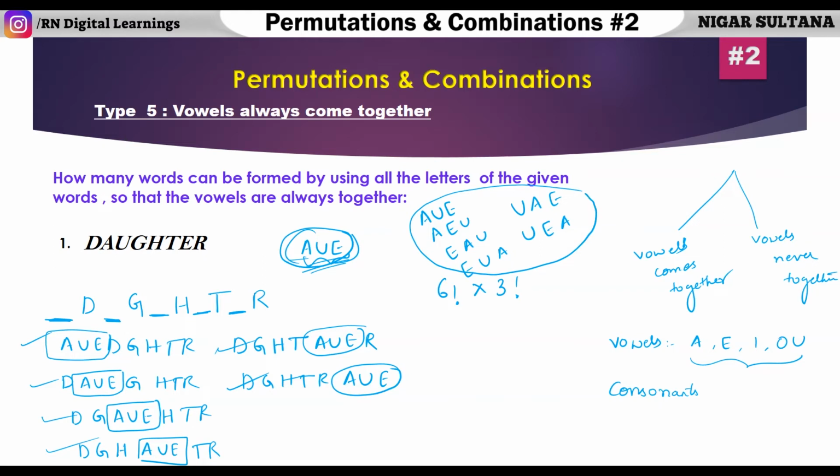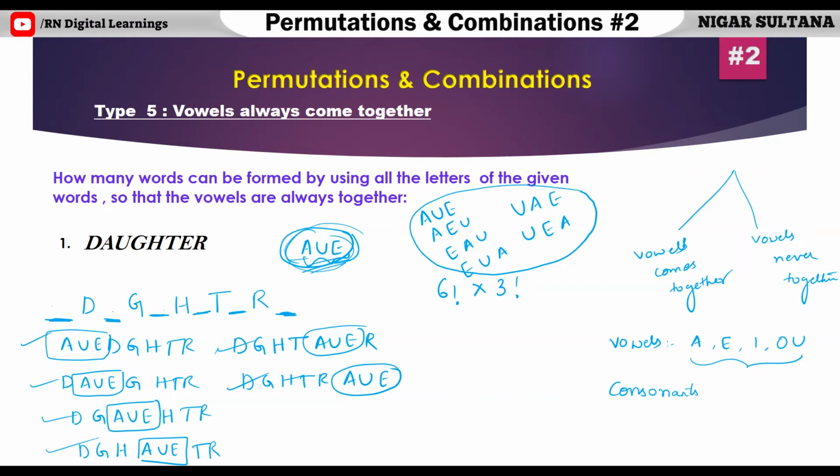We have 6 ways, isn't it? So this can be got as 3 factorial. So these are my 6 factorial into 3 factorial, because we have 3 letters here.